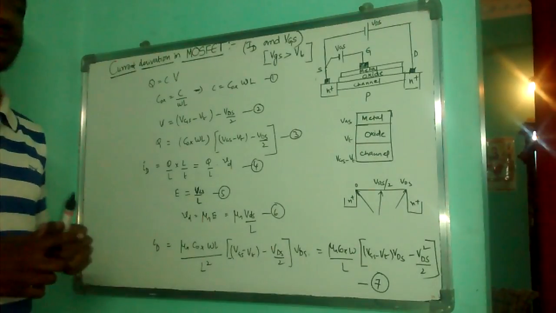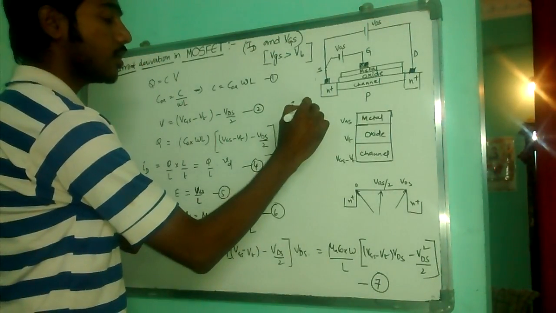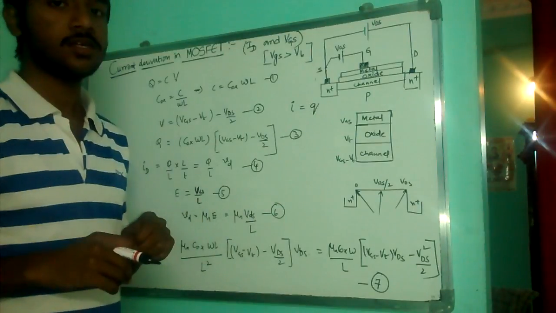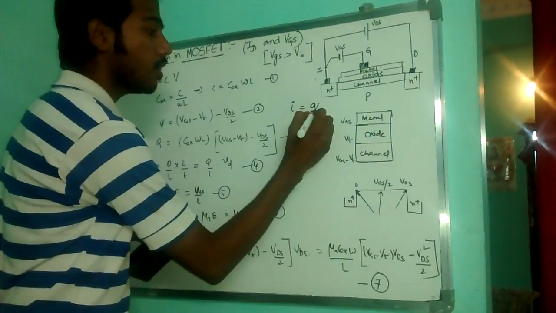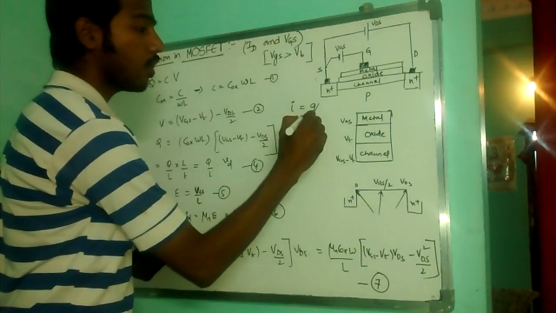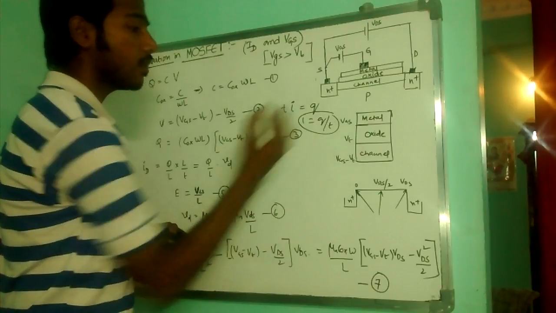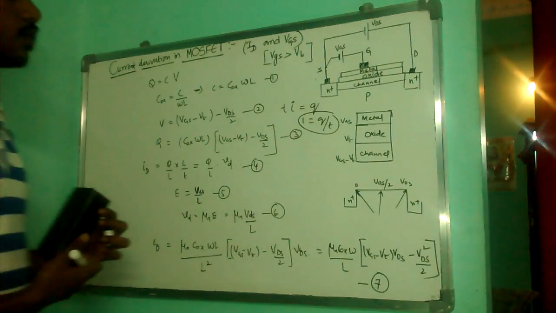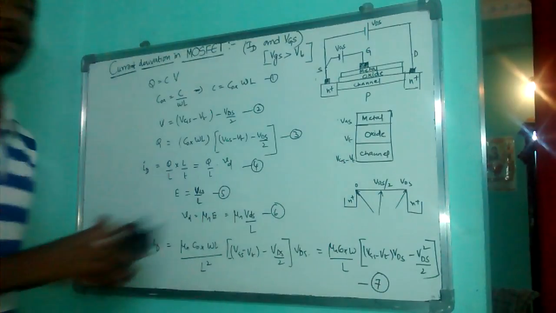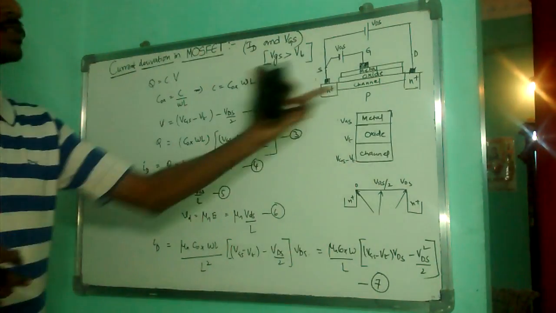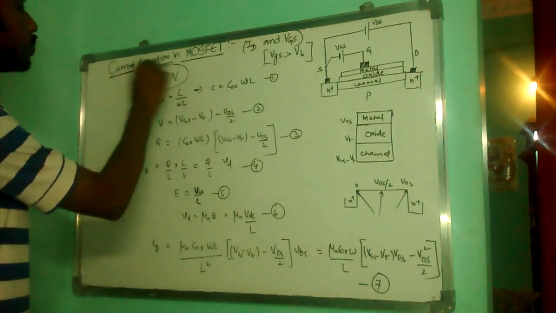Now, whenever we talk about current, I is charge per second: Q equal to IT, so I equal to Q by T. First we need to calculate the charge accumulated in the channel. For this we use the relation Q equal to CV.